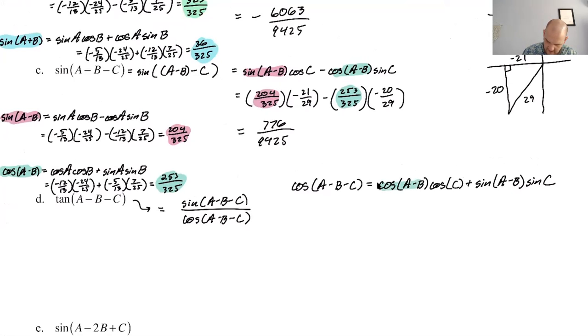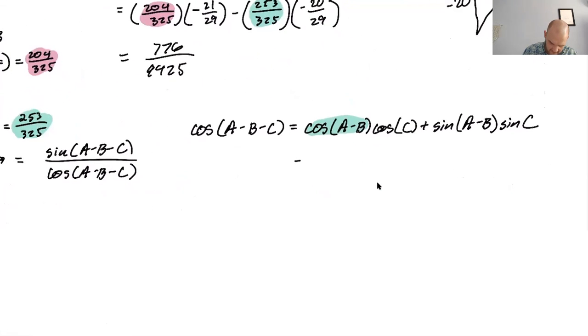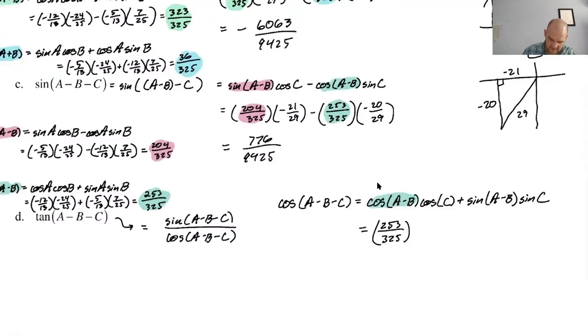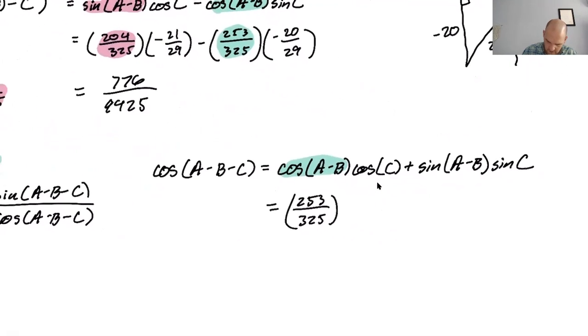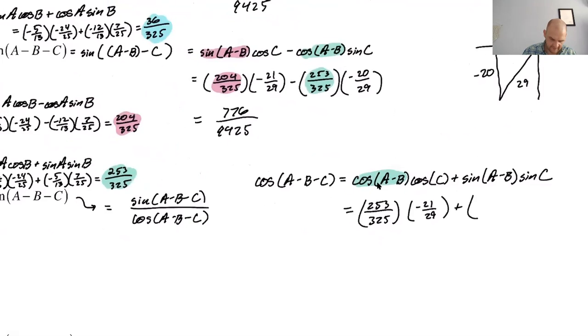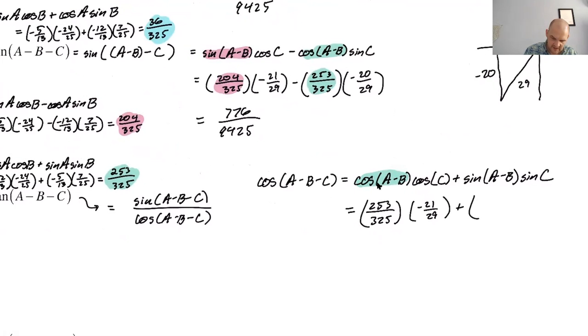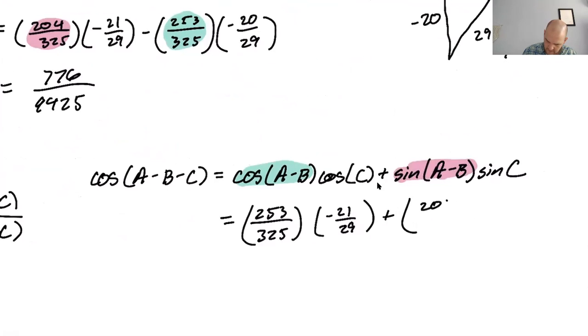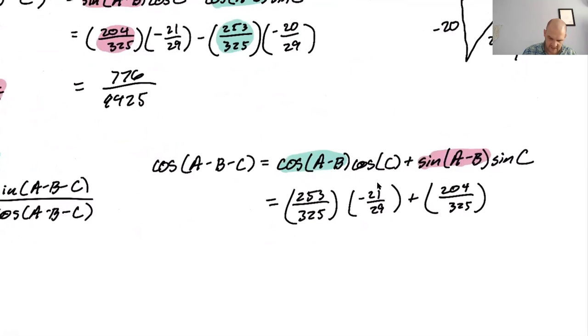Cosine of a minus b from the previous problem we know is 253 over 325. Cosine of c from the previous problem, which I got wrong, is negative 21 over 29. It's because they're all a jumble that this is an effective move. Sine of a minus b from the previous problem is 204 over 325. So this is actually a pretty efficient way to do this. And then sine of c should be negative 20 over 29.